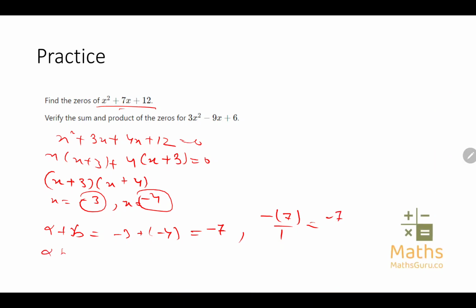Similarly, alpha into beta is minus 3 into minus 4, which is 12. If you look over here, c is 12, and a is 1, so c by a is 12 by 1, which equals 12. So the condition meets.